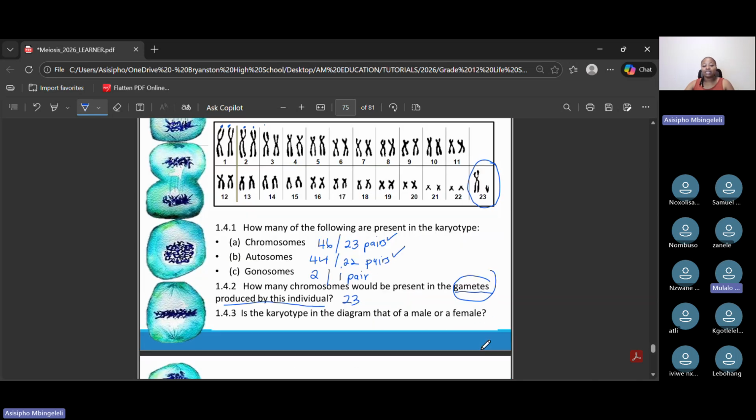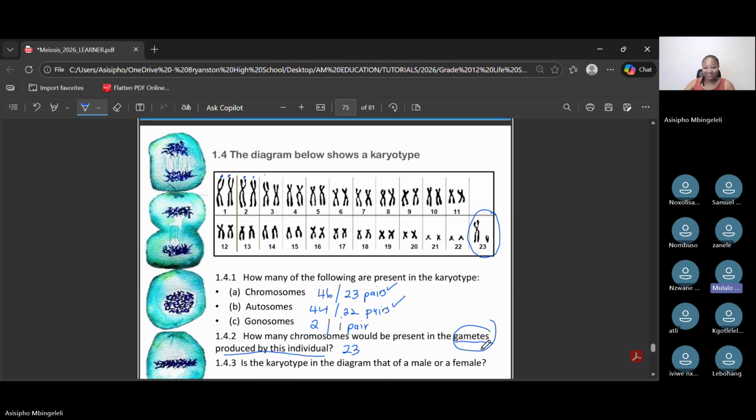If I just wrote 23, is that correct without including anything? For 1.4.2, yes. If you write pairs here, then that's wrong, because we are saying gametes have 46 chromosomes. So in terms of gametes, there are 23 chromosomes, and that's where it ends.